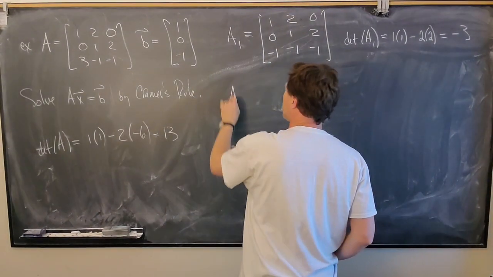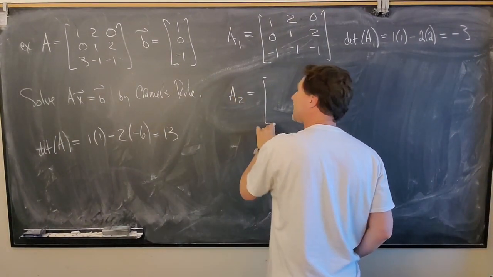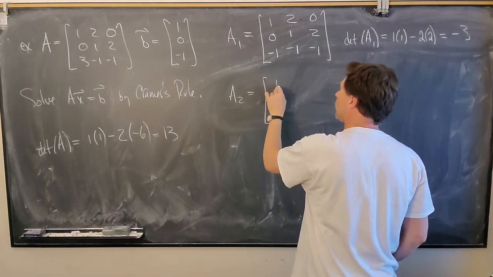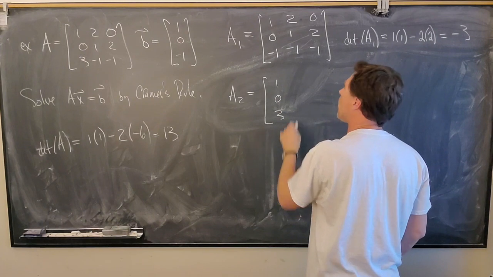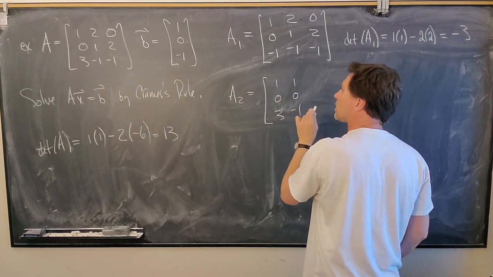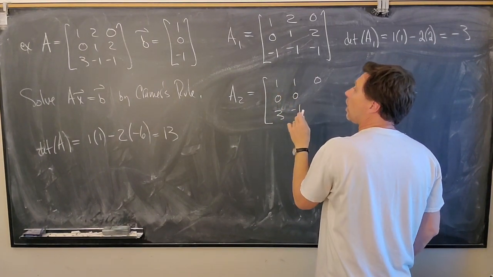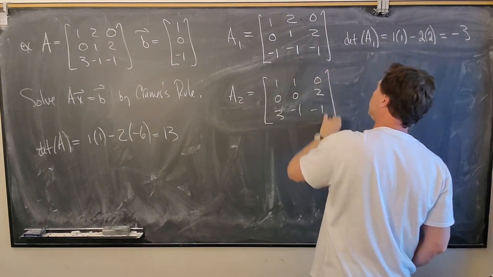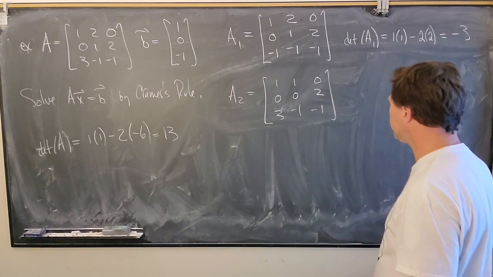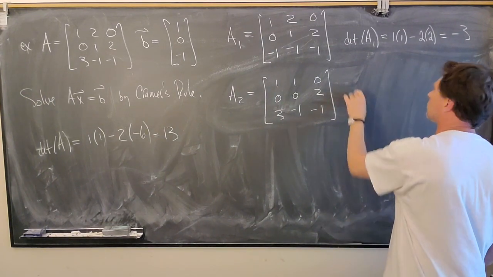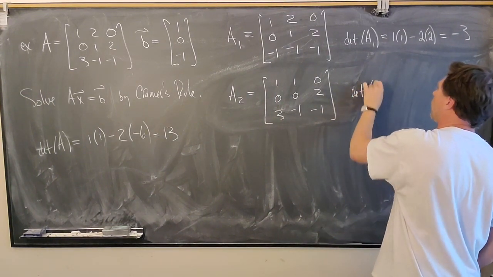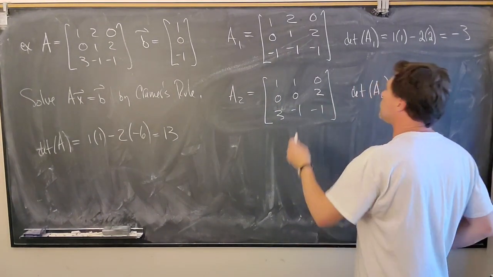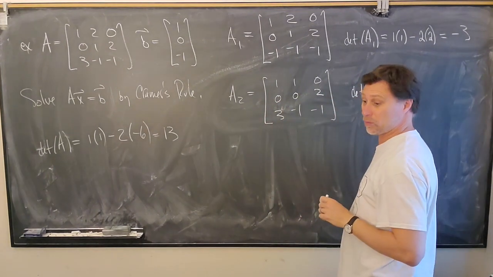The matrix A2. So what do I do? I replace the second column of A with the vector B. So this will be a 1, 0, 3 for the first column, 1, 0, minus 1 for the second column, and 0, 2, minus 1. In this case, notice I've got a couple of zeros here, so it's probably best to compute by expanding about the second row.